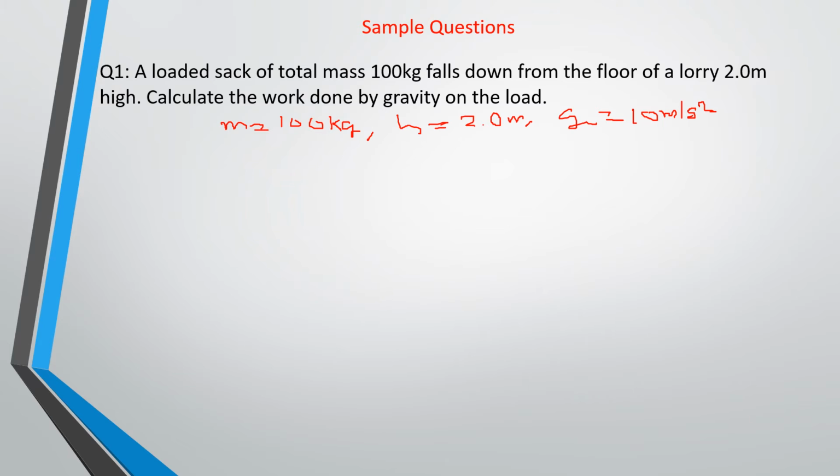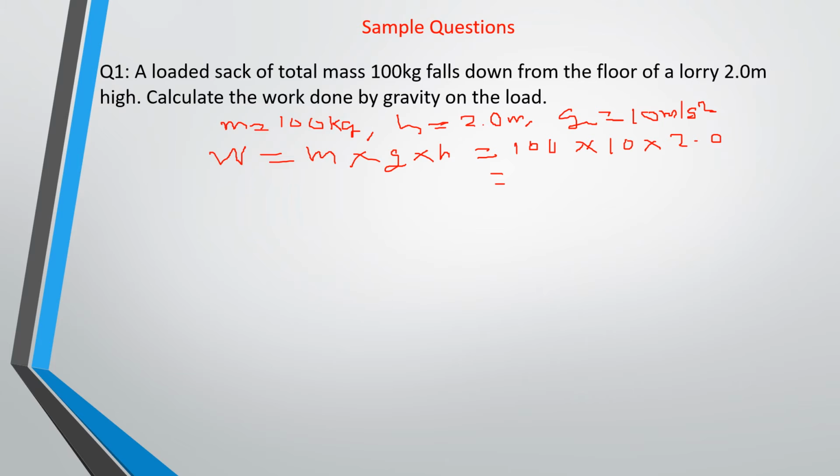So work done W is equal to m times g times h. Based on what has been given to us, you can just substitute into this equation, so that work done is equal to 100 times 10, which is g, times your height, 2.0.